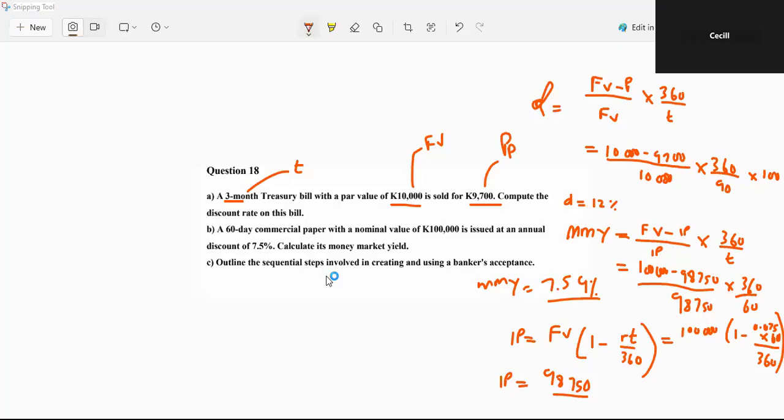I'll say one, then others will also say some. There's mutual agreement between the seller and the buyer.